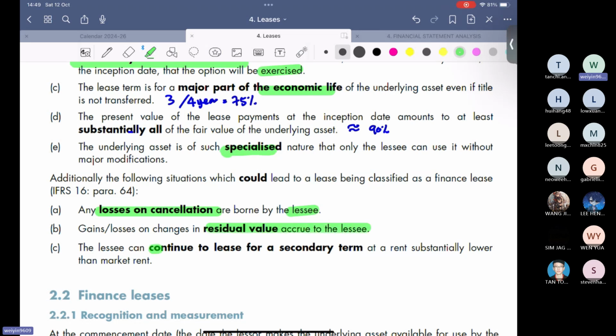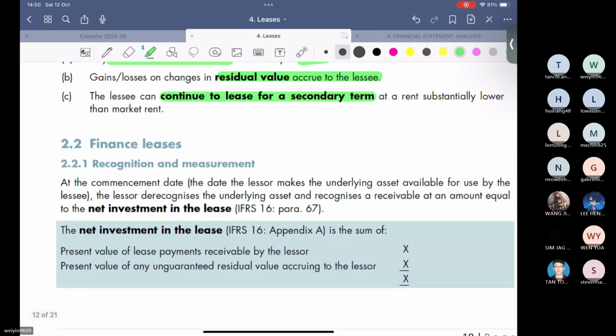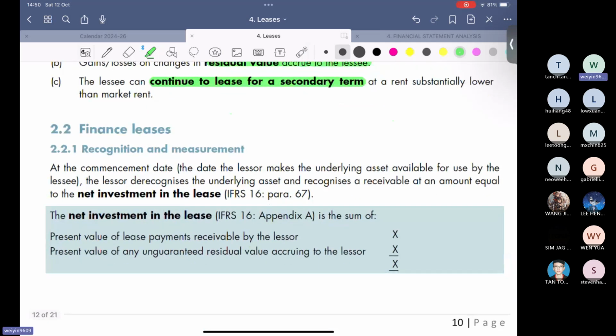And the lessee can continue to lease for a secondary term for rent substantially lower than the market rate. So benefit goes to the lessee. Therefore, all these can be the situations where risk and reward has been transferred. So how is the lessor going to record it?